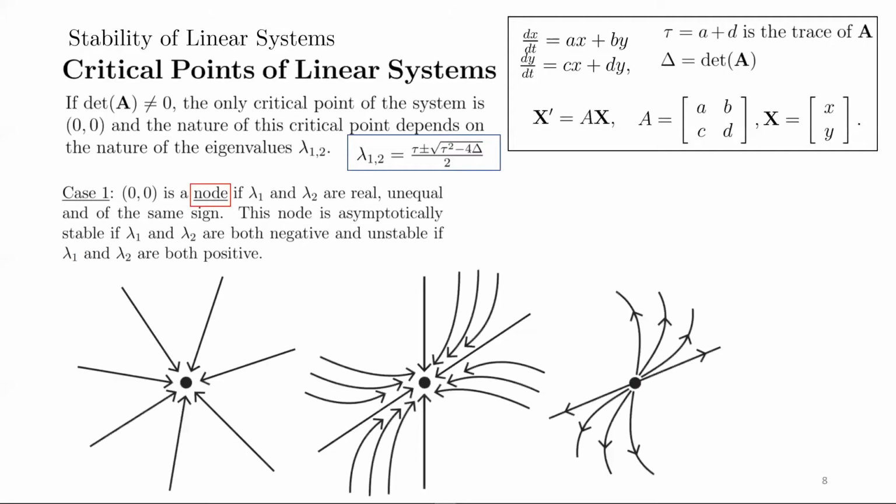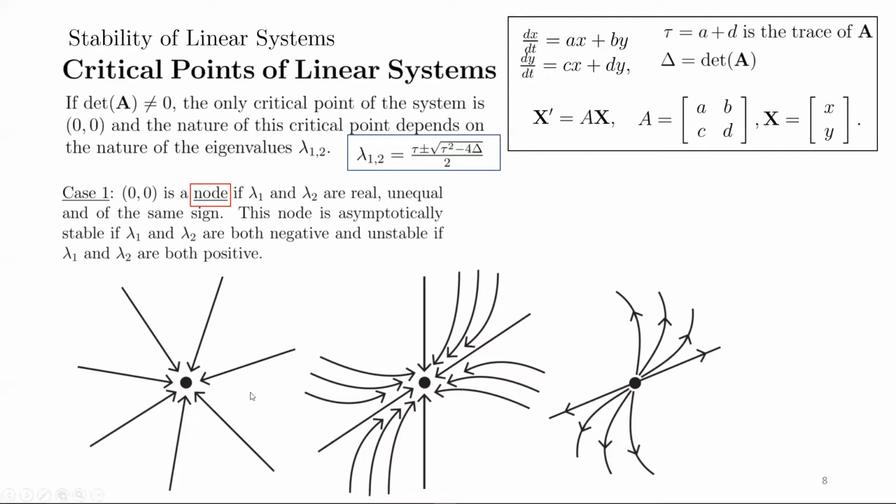Let's recall what a node looks like again. A node is a critical point where all of the trajectories nearby are pointing towards that critical point, as in the first 2 cases here, or, in the third, all the trajectories are pointing away from the critical point.